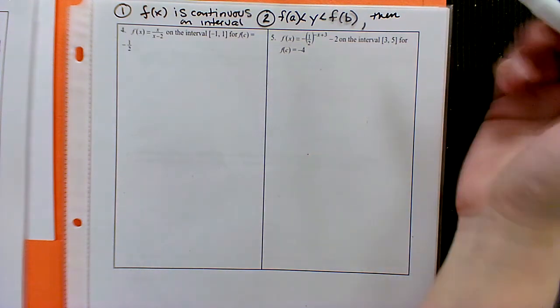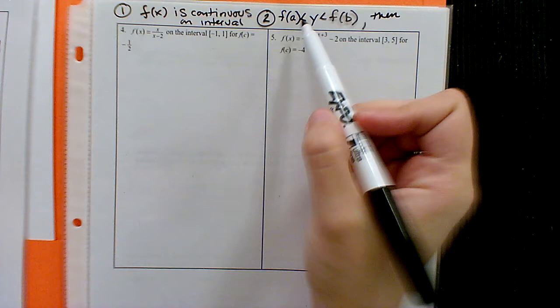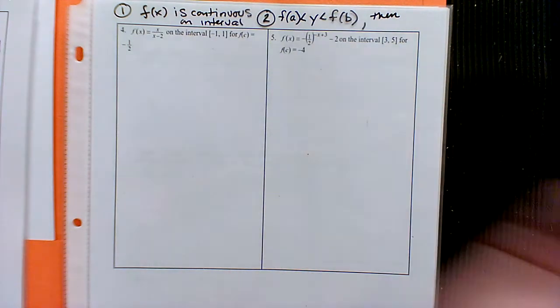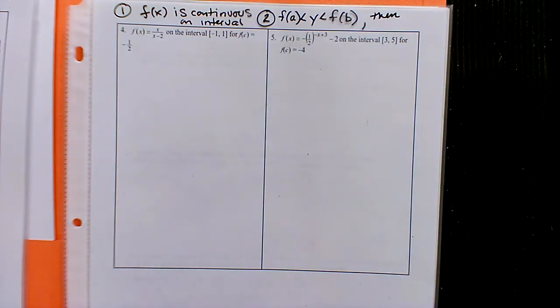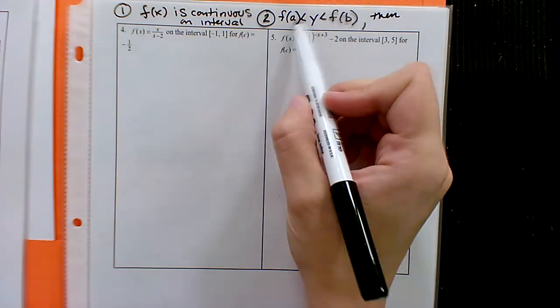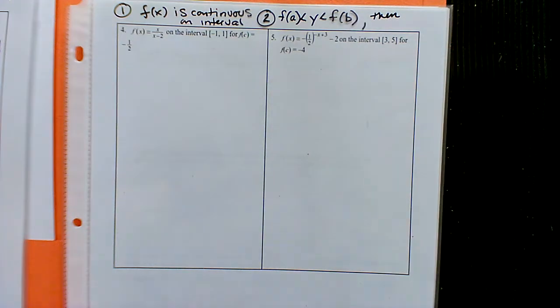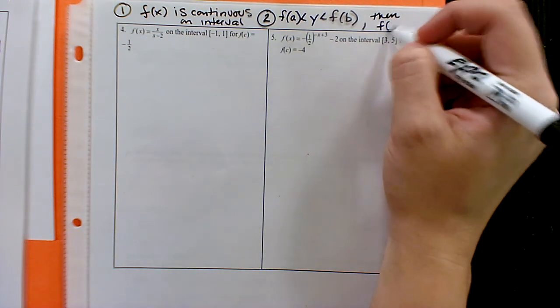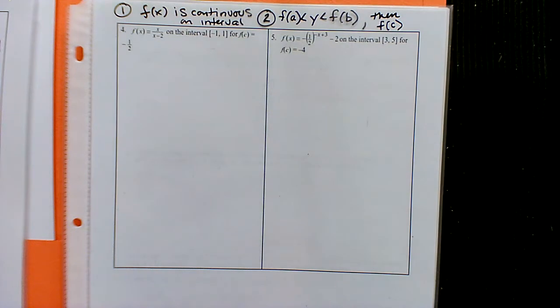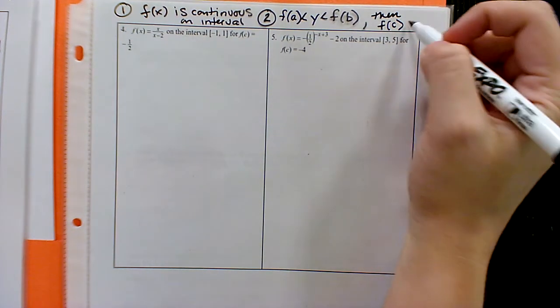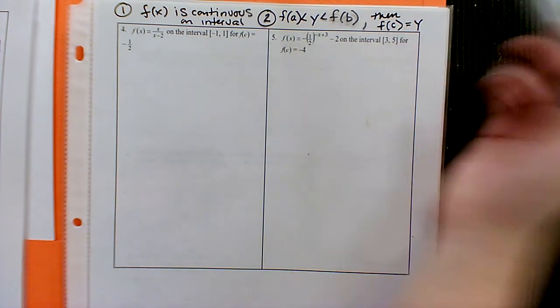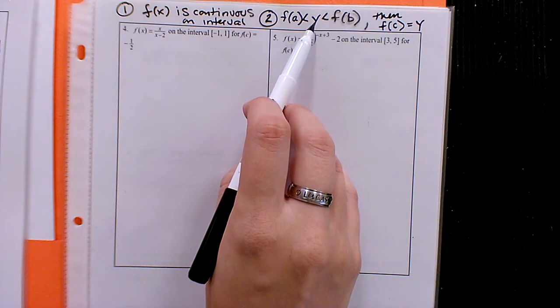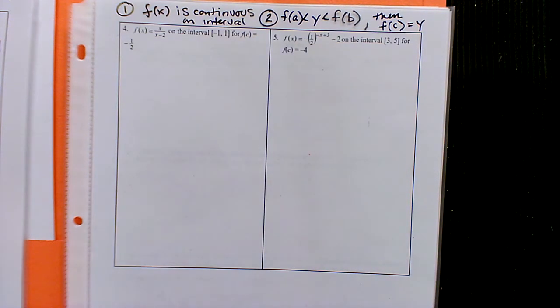of c is y. Okay, so there is some number between a and b, whatever your beginning interval value is and the ending interval value. There's some number in between there that if you were to plug it into the function, for instance, f of c, you would get out that y value that you started with between the y values from the endpoints.